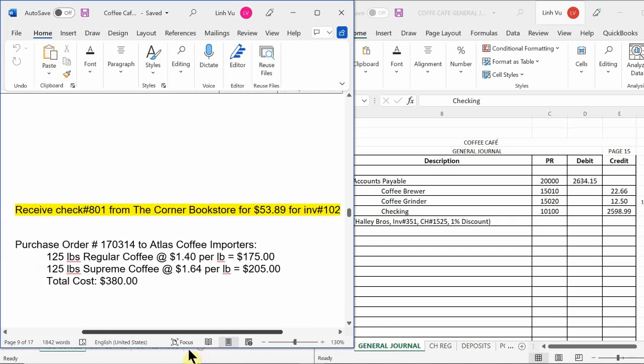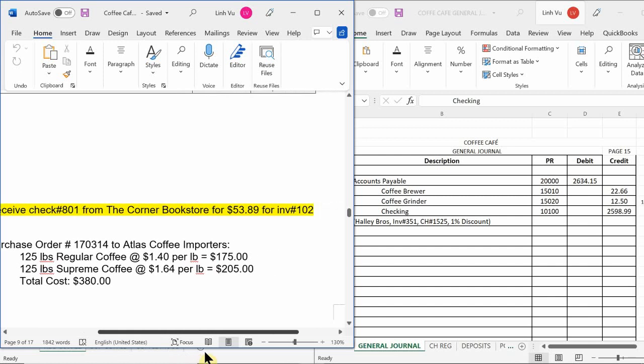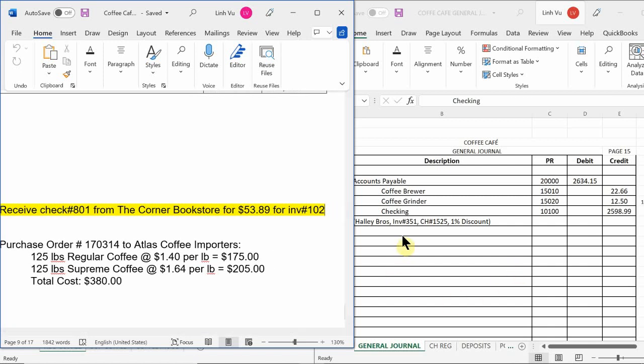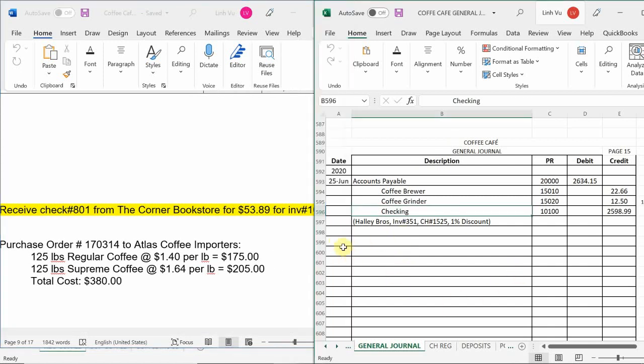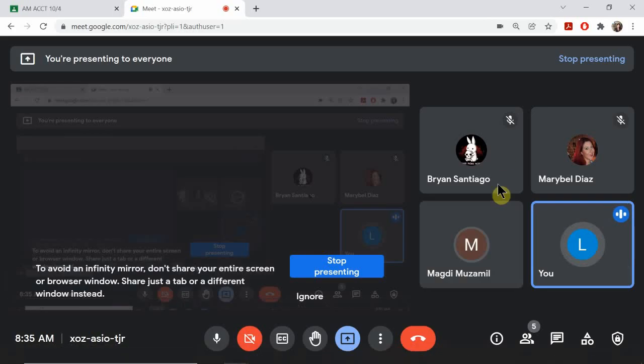Okay, so we received a check for invoice number 102 from the corner bookstore. Checking and accounts receivable. Correct, because in this case, this is what someone owes me.